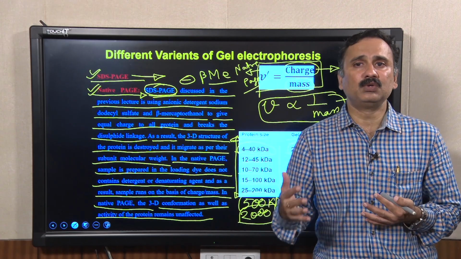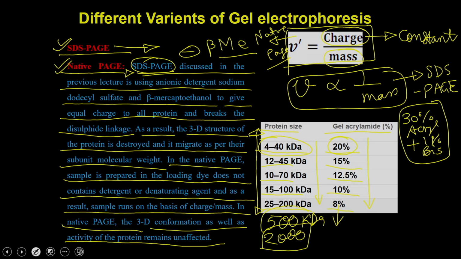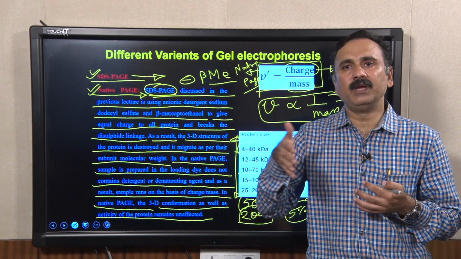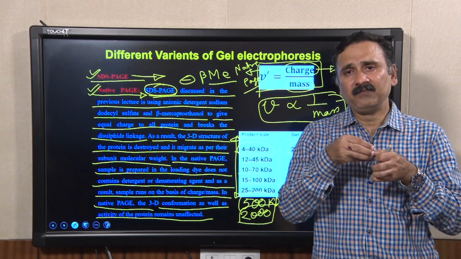How are you going to resolve that? If you drop the concentration to, suppose, 5% or even 3%, the concentration of acrylamide is so low that it will not give you a gel-like structure.